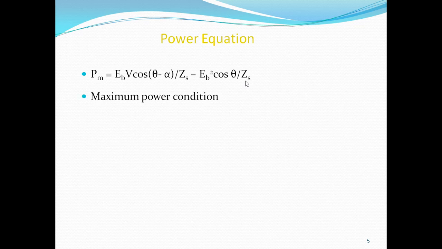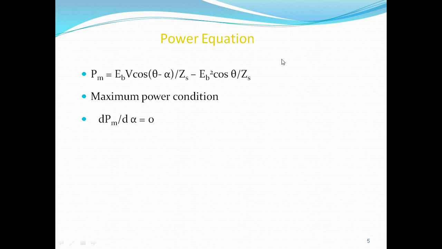So to derive the maximum power condition, we have to differentiate the power equation, that is the mechanical power developed Pm, with respect to alpha and equate to 0. For any equation, to get the maximum value, we have to differentiate the equation with respect to the variable and equate to 0.